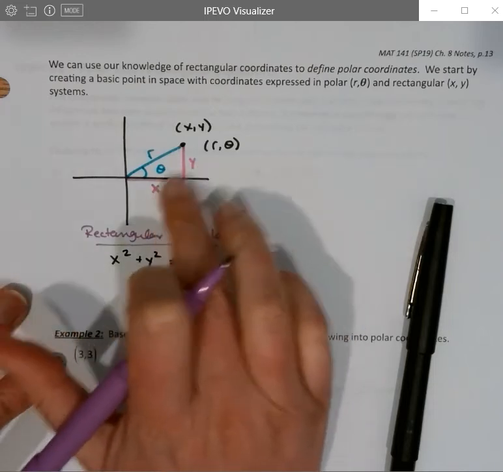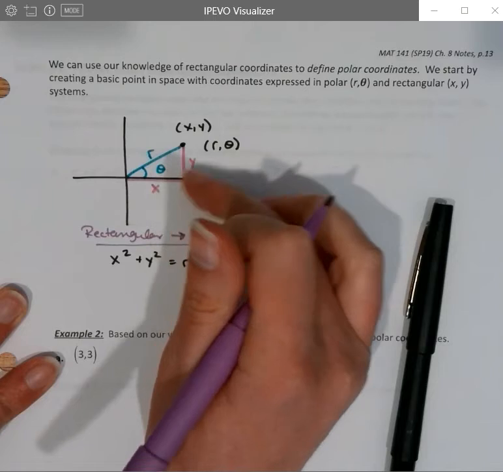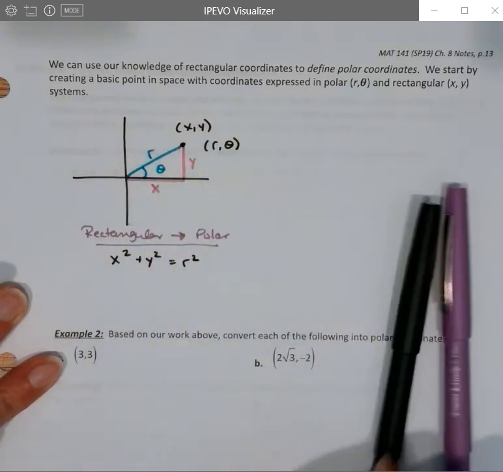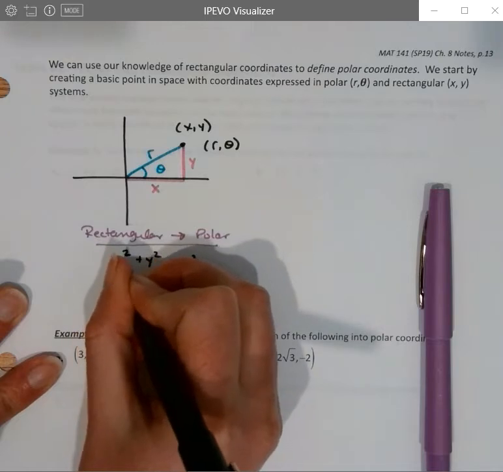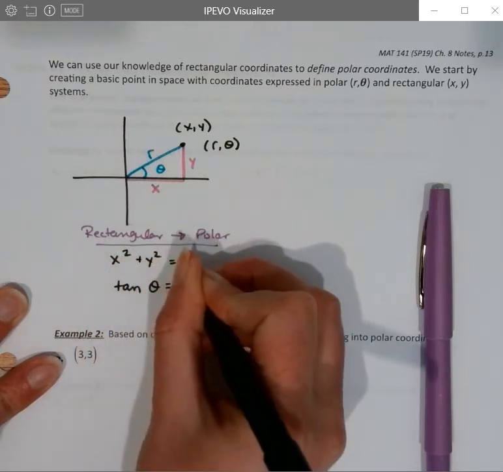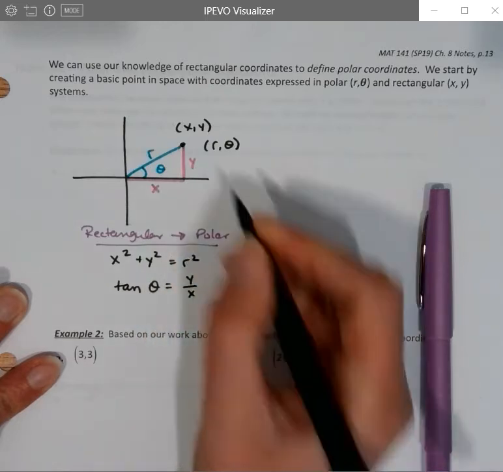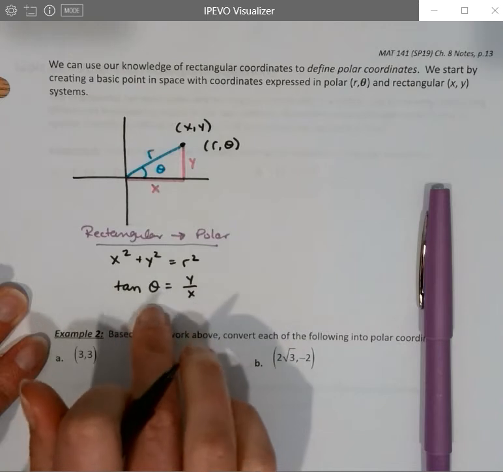So if I just have x and y, how can I relate theta? If I don't know r yet, I could use the tangent to find theta. So I could say that tangent of theta is equal to y over x, opposite over adjacent. And again, that would allow me to solve for theta.